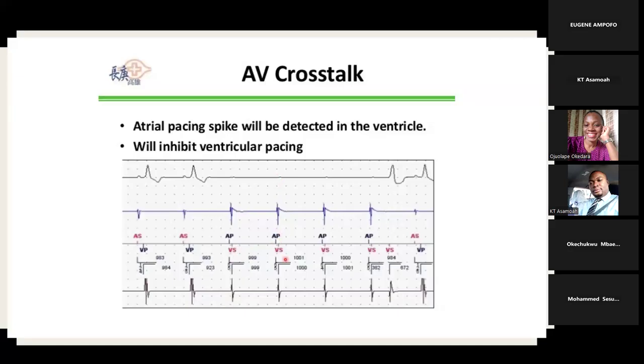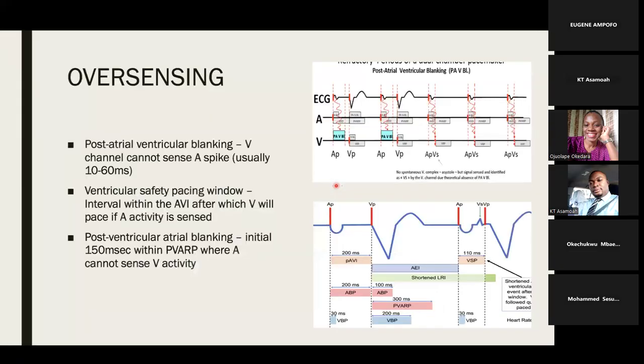The atrium paced again, the ventricle sensed it. Atrium paced again, ventricle sensed it. So you see that all through here, there's no QRS. So here you've got a pause because the pacemaker is oversensing because of crosstalk. And you can imagine what effect this will have on the patient. So this just explains the principle of crosstalk, of oversensing.